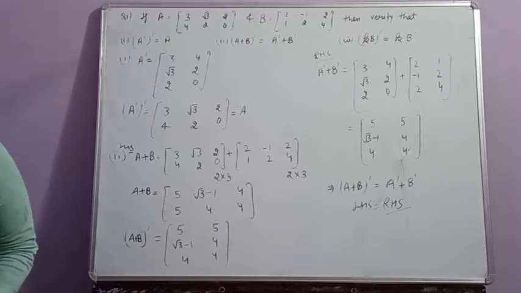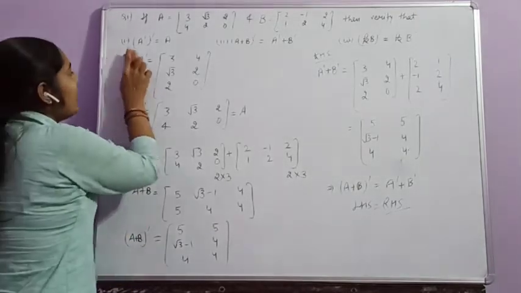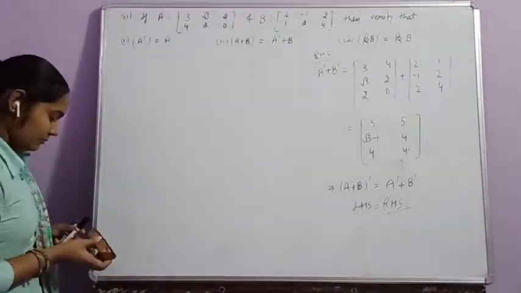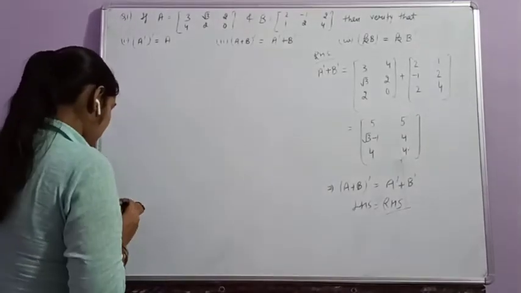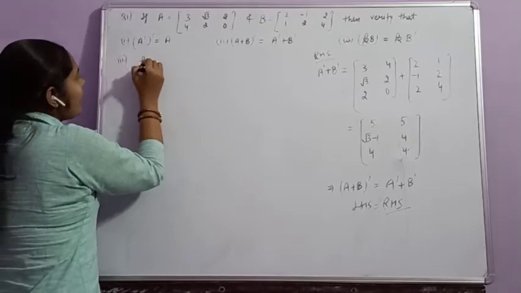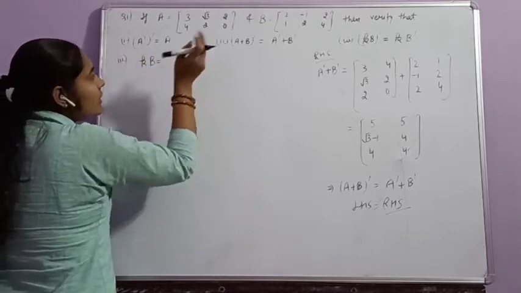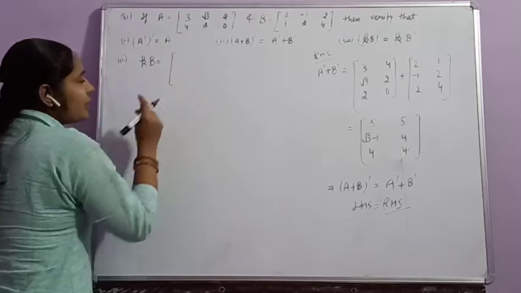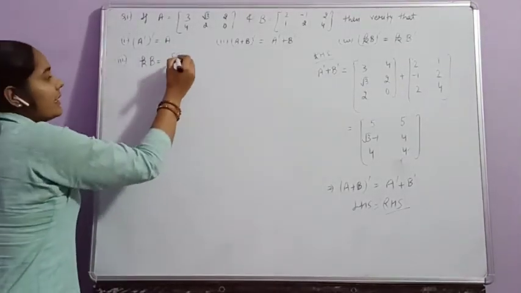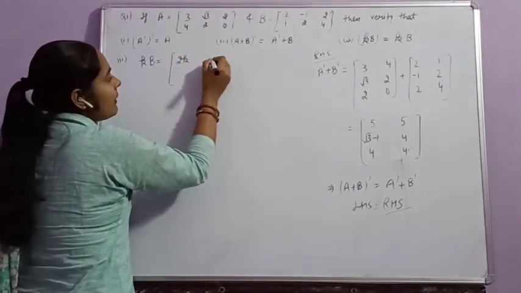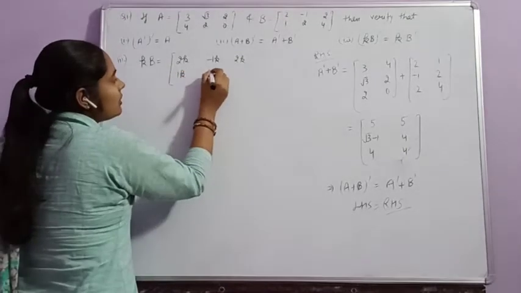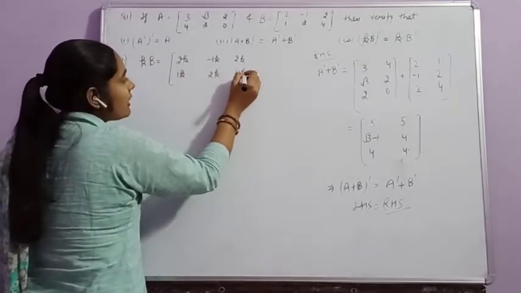Next is the third part. In the third part it is given that firstly we multiply the B matrix with K. K into B. K is multiplied with B. It means all elements or entries of the B matrix are multiplied with K. That is 2K, minus 1K, 2K, 1K, 2K and 4K.